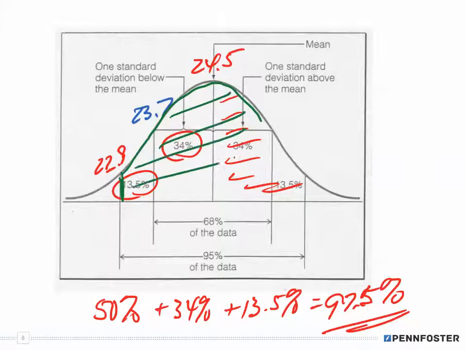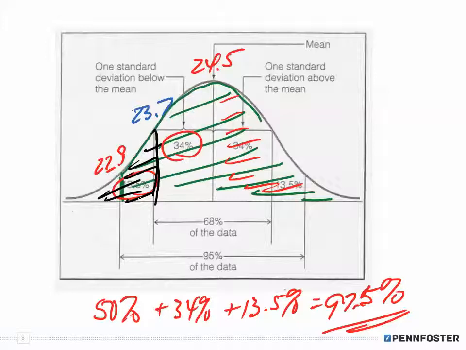So we're talking about all of this here, okay? But now for this one, the question says weighs less than the 23.7. Okay, so if this is 23.7, it's asking us how much is less than 23.7?